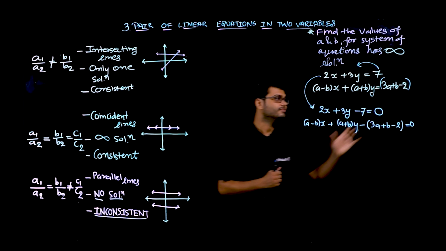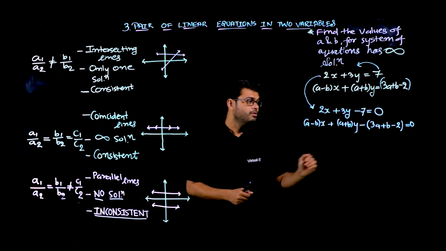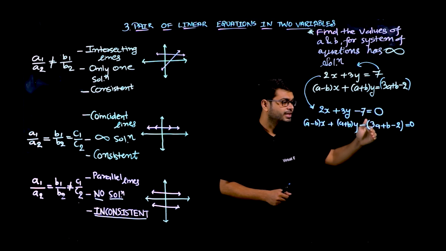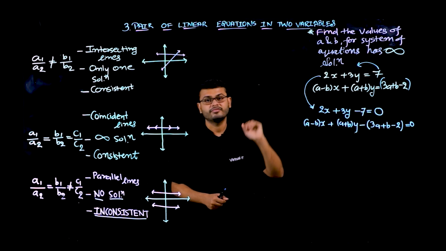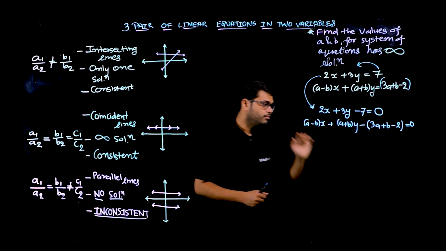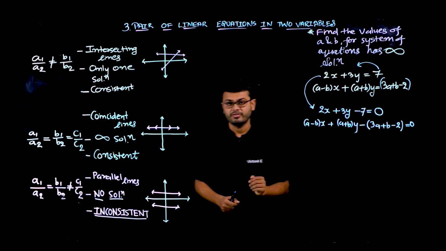Clear? I have shifted all three terms like one term, so I don't need to keep changing the sign for each and every term, to avoid that confusion, to avoid that trouble. Now you can see that both equations are in standard form.